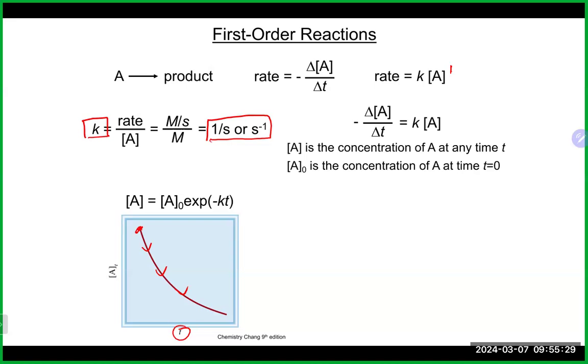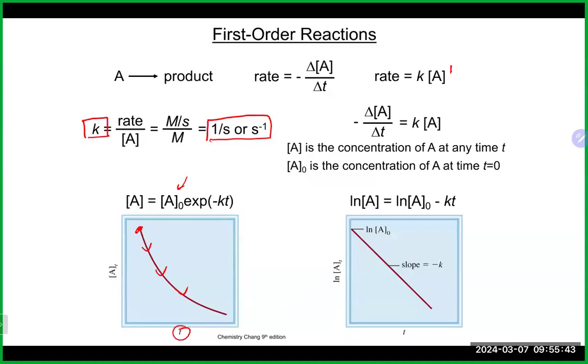Now, kinetics is all about graphs, and especially straight line graphs. There is a linear relationship that you can get by going through this equation here, which is sometimes referred to as the integrated rate law. This is really the time concentration dependence of what's going on.